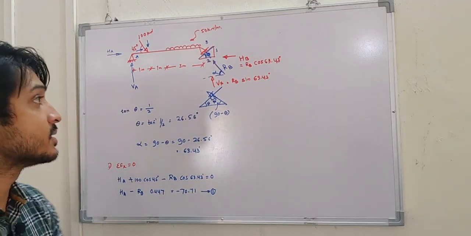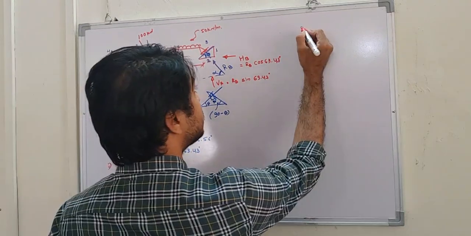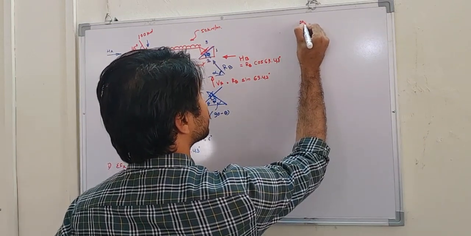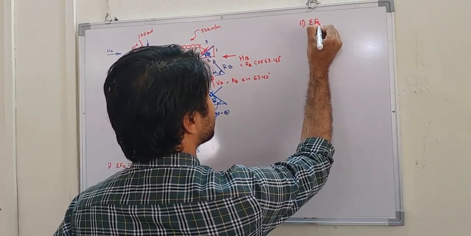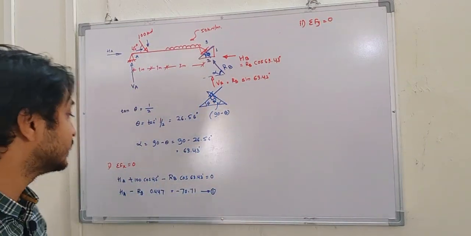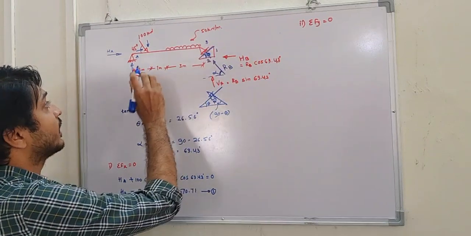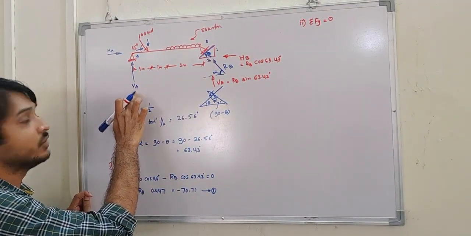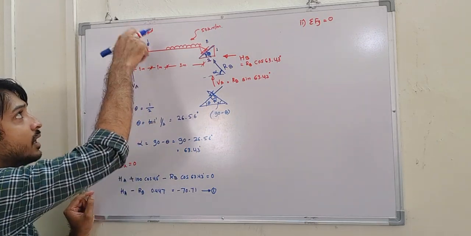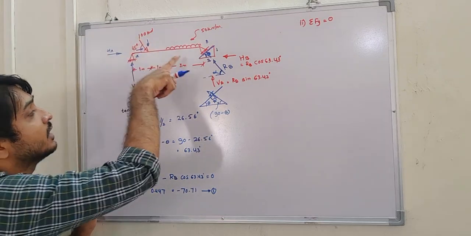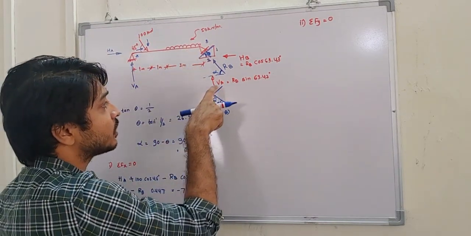Now we go to the second equilibrium equation, summation of Fy equals 0. What are the vertical forces here? First VA is there, and then the 100 load is coming down. If I resolve it, we get a vertical component, and there is the 50 load and one more, VB.